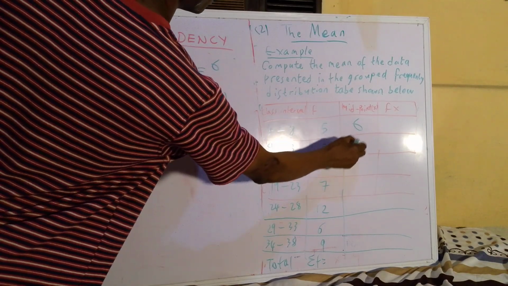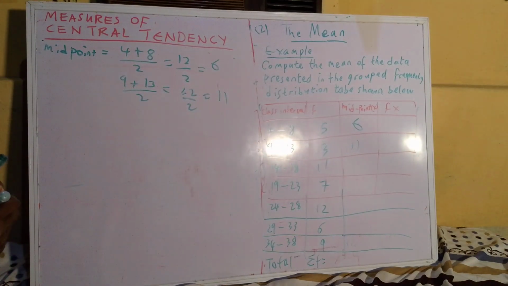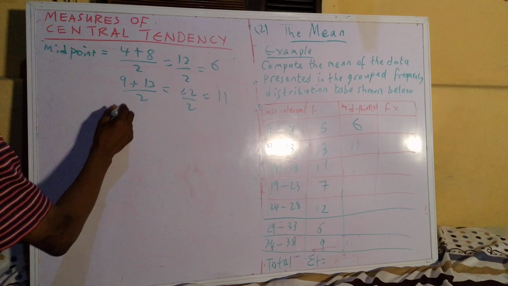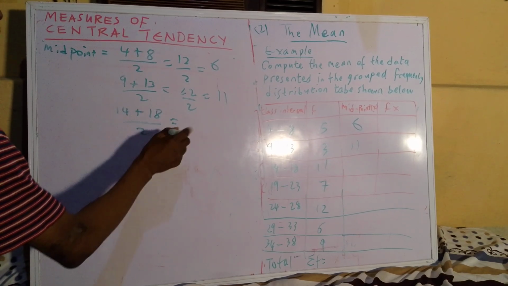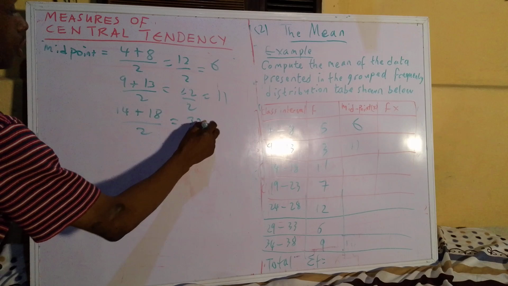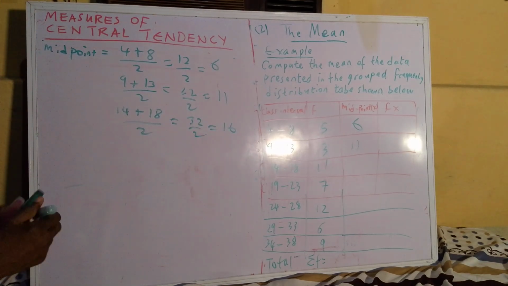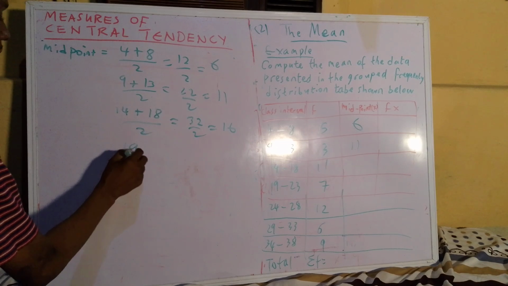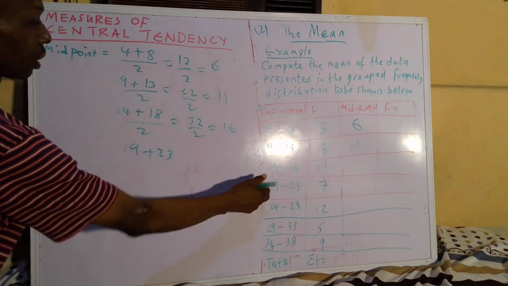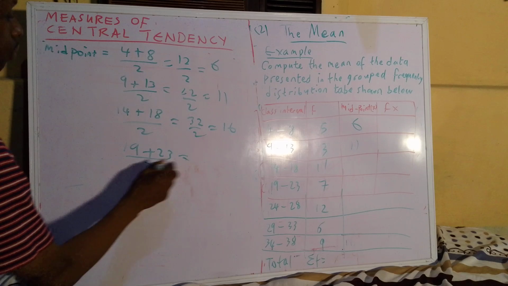I hope I'm correct. The next one, 14 plus 18 divided by 2. That will be 32 divided by 2, and that's 16. Please confirm if I'm correct. The next one is 19 plus 23, divided by 2. That gives you what?